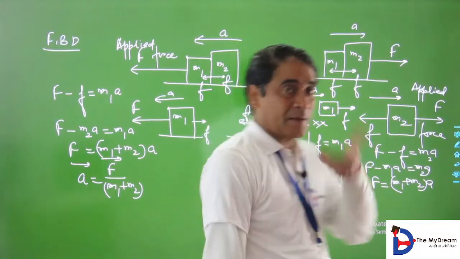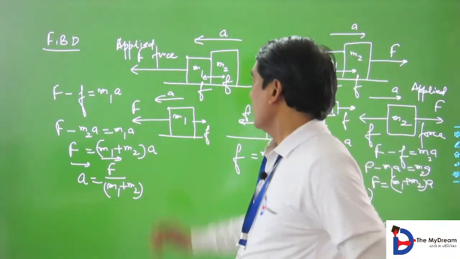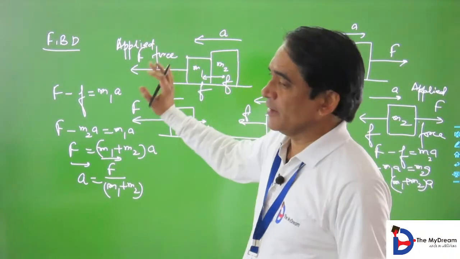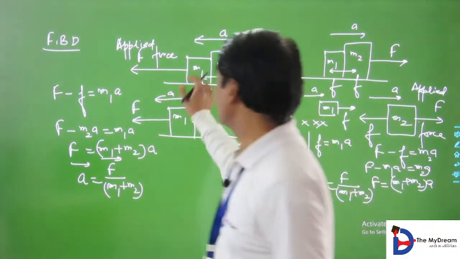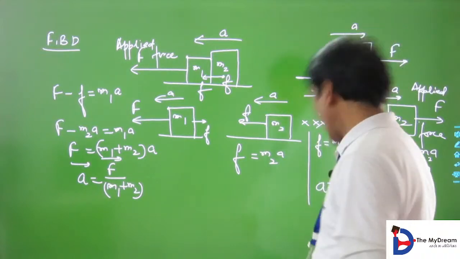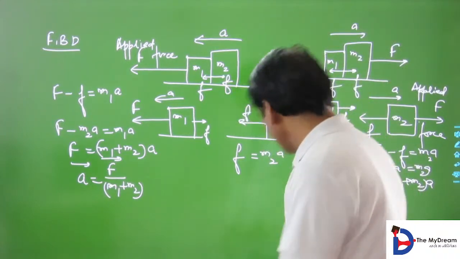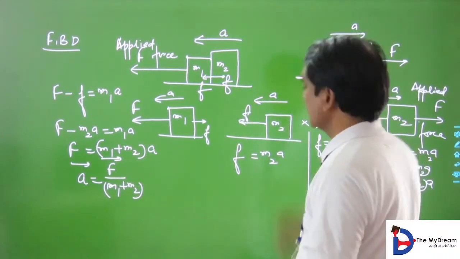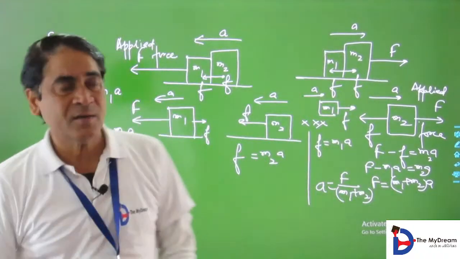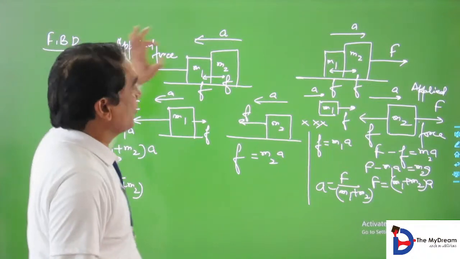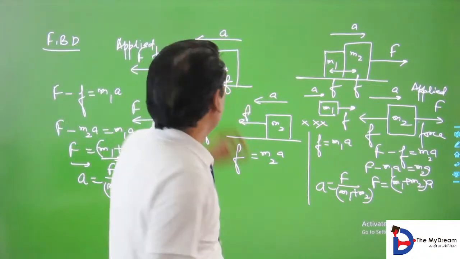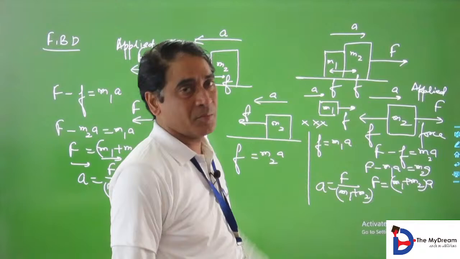So what did you find? The same blocks are here, having the masses m1, m2, and this is the other case. In these two cases, the masses are the same, the magnitude of applied force is the same, and acceleration is uniform.